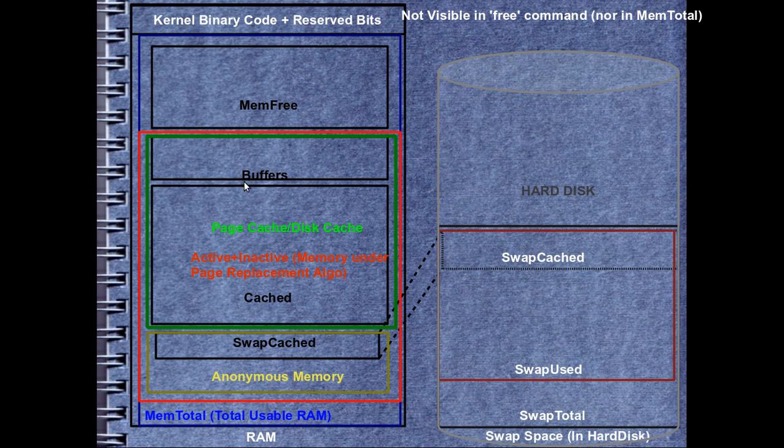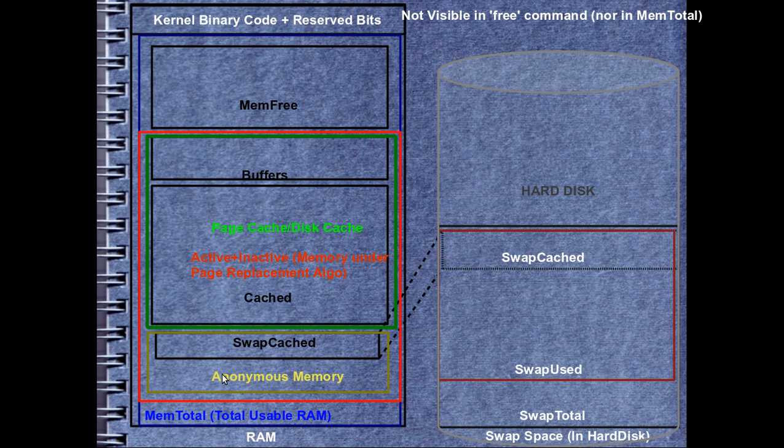So if we talk about buffers and cache, buffers hold some metadata information, superblocks, and inode details related to the files being accessed from the hard disk, and cached is the actual content which is being cached from the hard disk. So together they are joined to become page cache or disk cache. This is the non-anonymous memory.